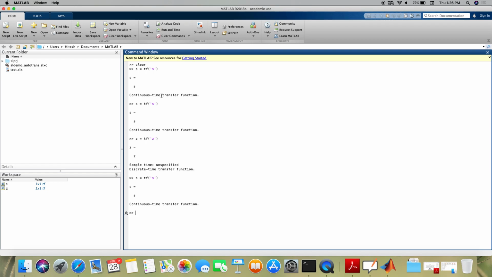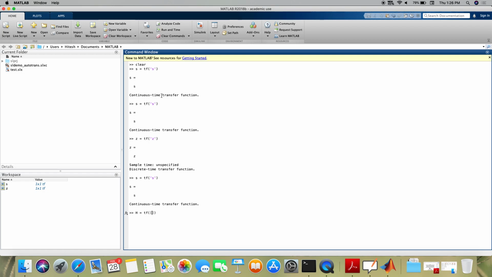Right now I am going to write something in Laplace form. Now I am writing one transfer function. A transfer function will have two things: a numerator and a denominator. MATLAB is the matrix laboratory, right?